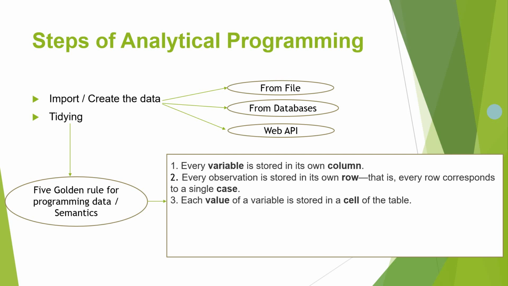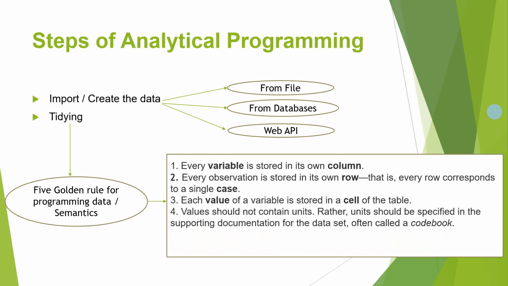If you store those details in different cells, then you are not following the tidying principle. You need to store all of those in one cell. This one cell is called one data value.